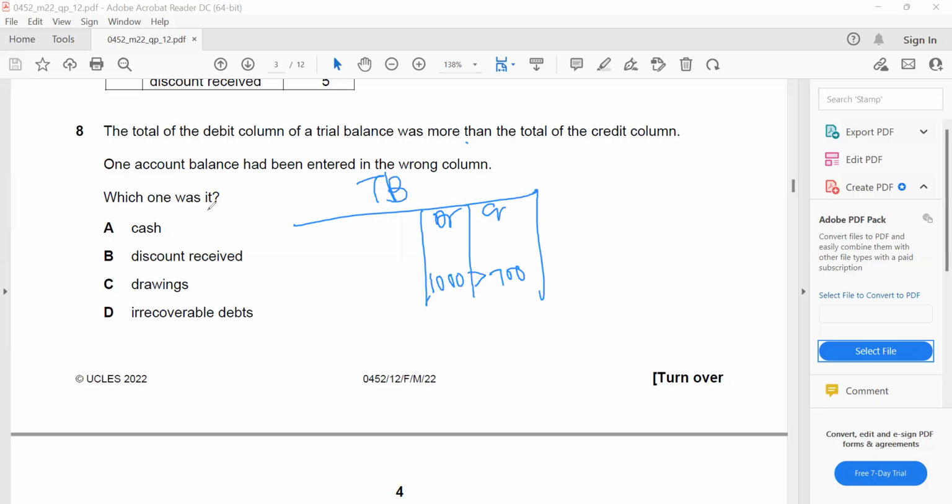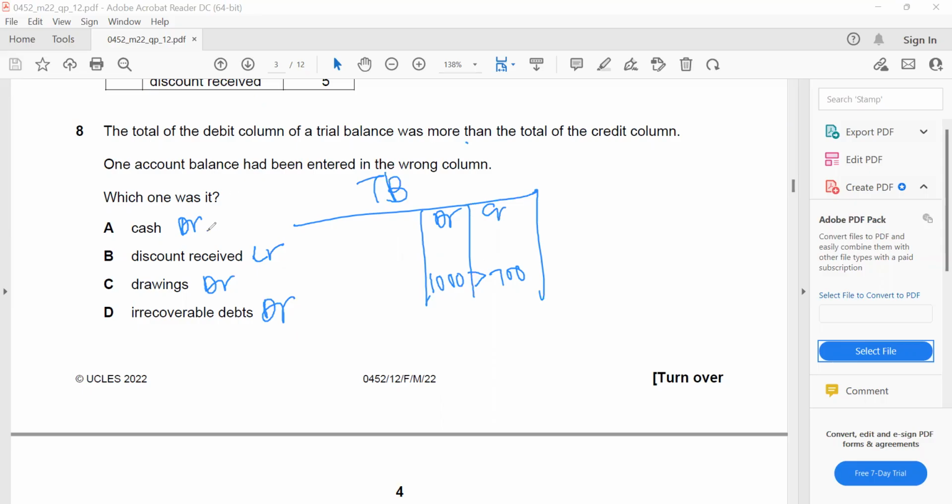Which one was it? Wrong side: cash should be in the debit, discount received should be credit, drawing should be debit, irrecoverable debt should be in the debit. So which one is possible to make the debit amount more than the credit?